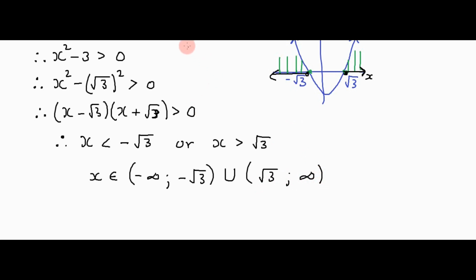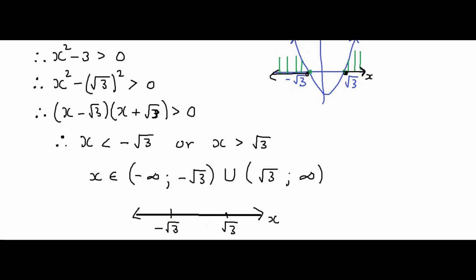And if you wanted to illustrate this on a number line, we do it as follows. So let's say this is the real axis, or the x-axis. Our 2 points of interest will be negative square root 3 and positive square root 3.